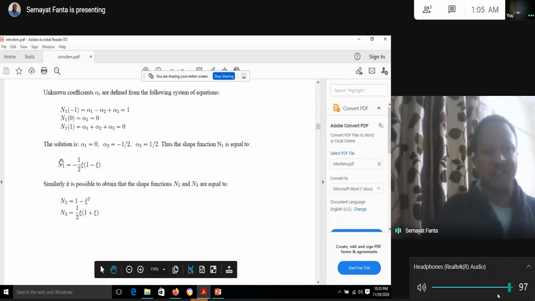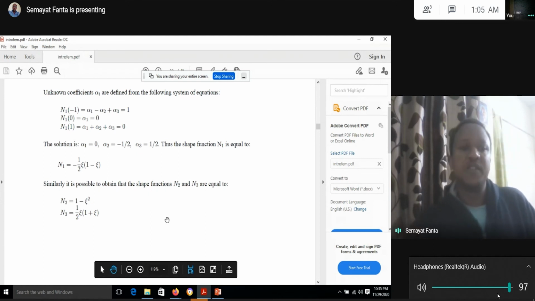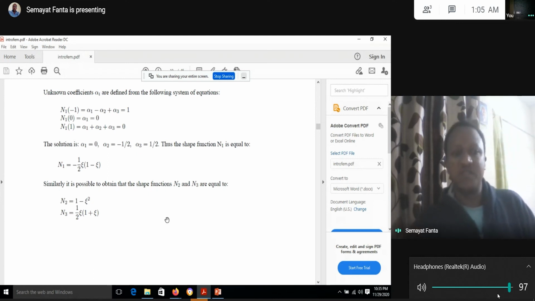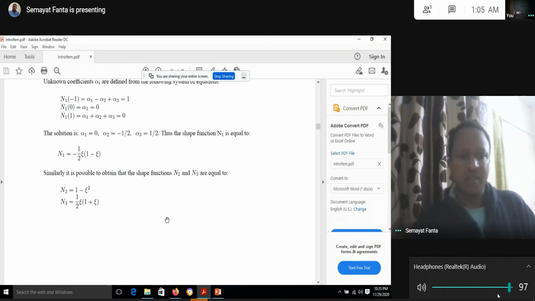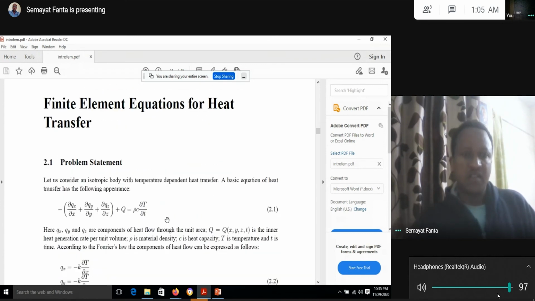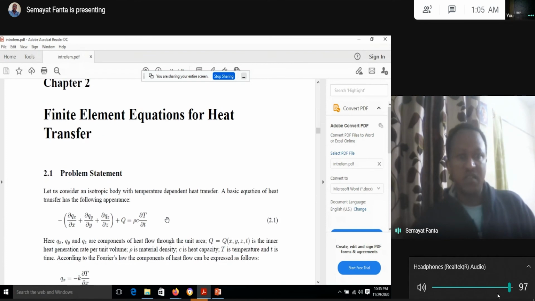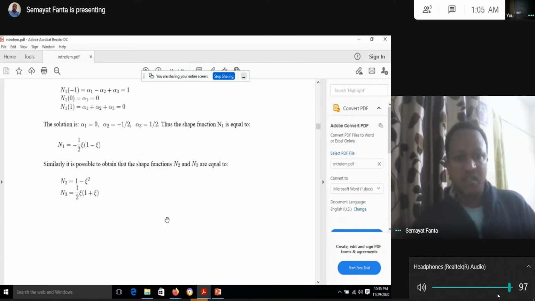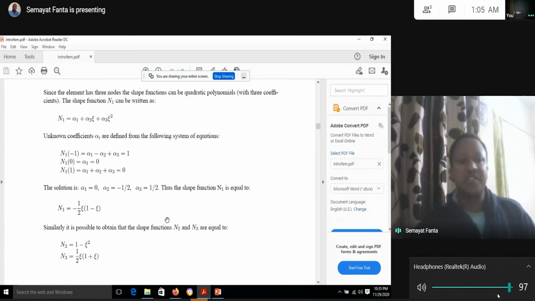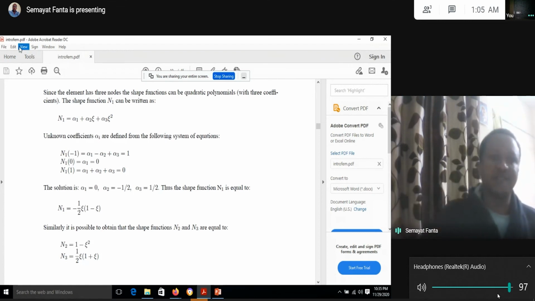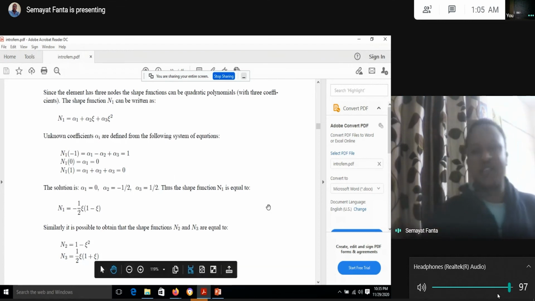These are N1, N2 and N3, the shape functions at each of the nodes. So this is the method of finding the shape functions using the local coordinate system.